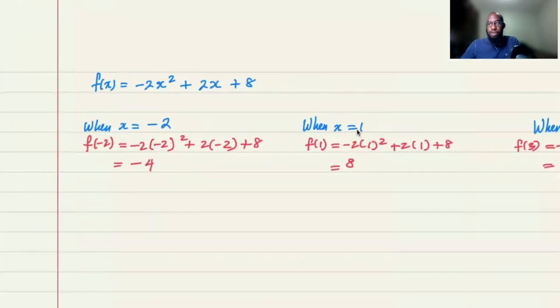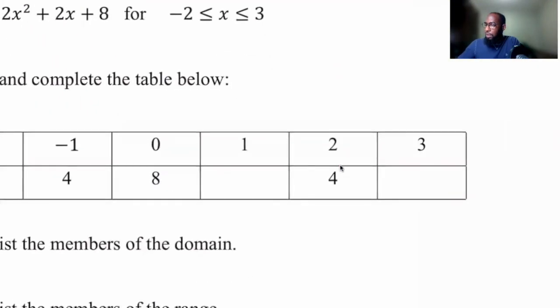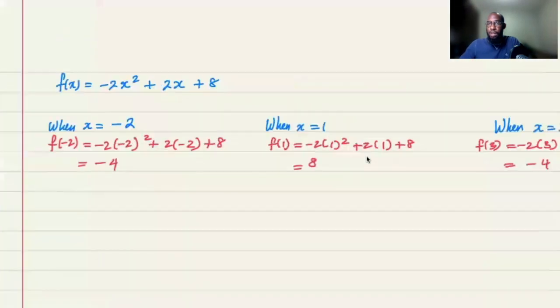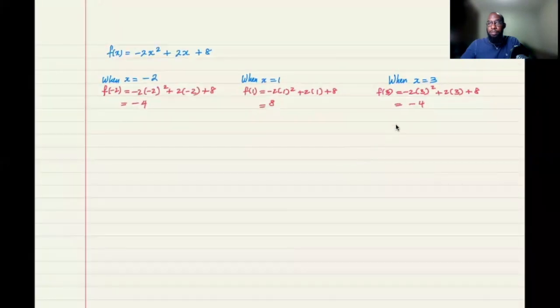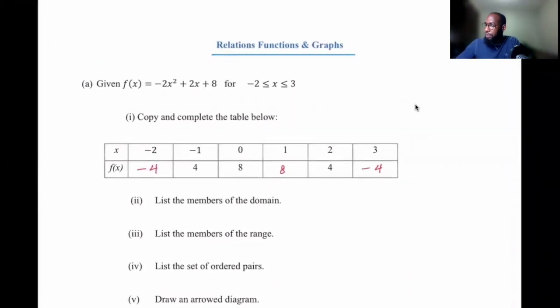When x is equal to 1, f of 1 is equal to 8, so I'll put 8 right here. And lastly, when x is equal to 3, f of 3 is equal to negative 4. I'm going to put negative 4 right there. So we copied and completed the table. Remember, you have to show all your workings.